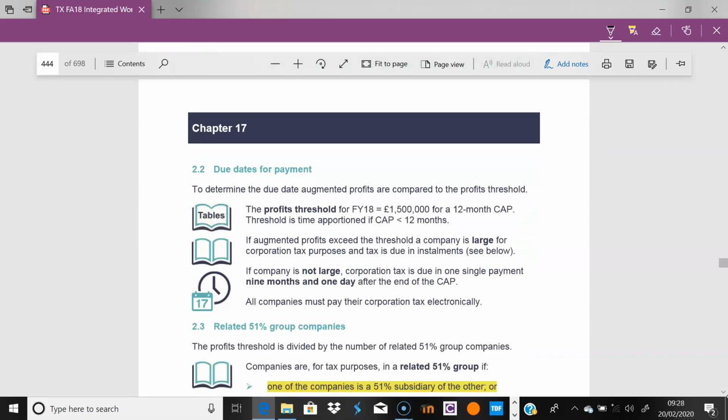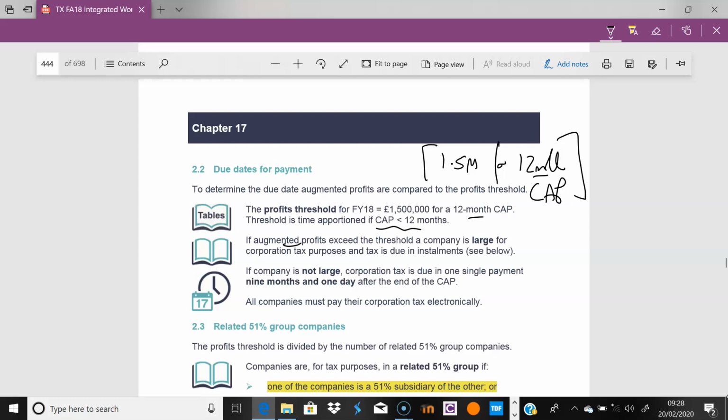So typically, the threshold is 1.5 million. This is important: 1.5 million for a 12-month chargeable accounting period. These two go together. Because we can't have a chargeable accounting period greater than 12 months, we don't have to worry about that. We only need to consider what happens if it's less than 12 months.